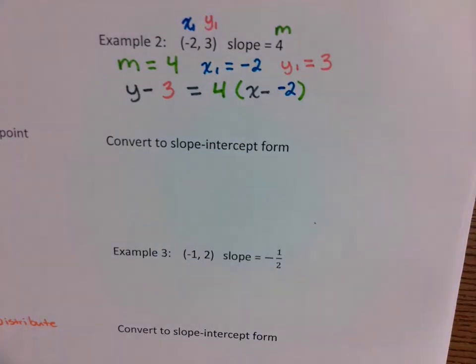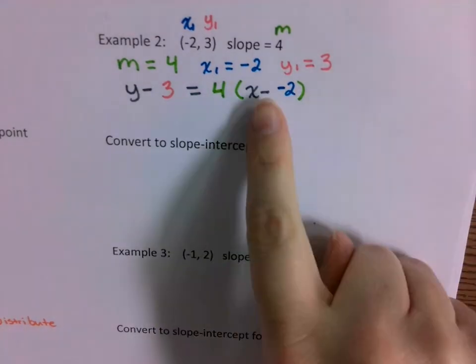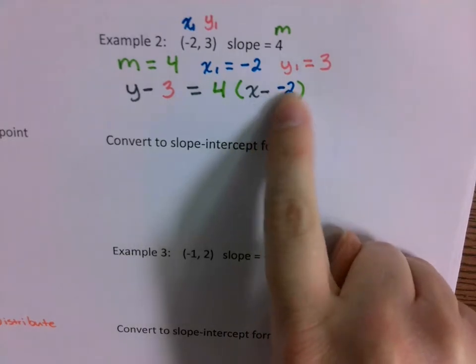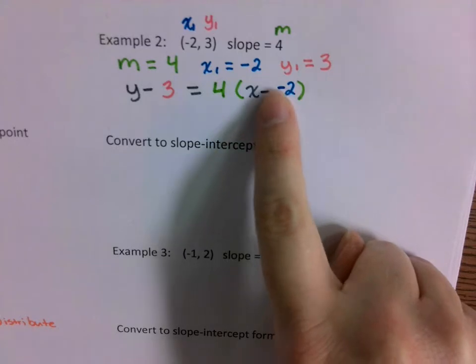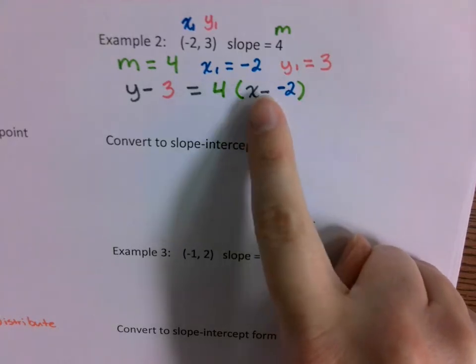Now notice, anytime that we have a minus and a negative, what is that really saying? A positive, right? Those double negatives really indicate a positive. So you're actually not subtracting a negative, you're actually adding a positive value.